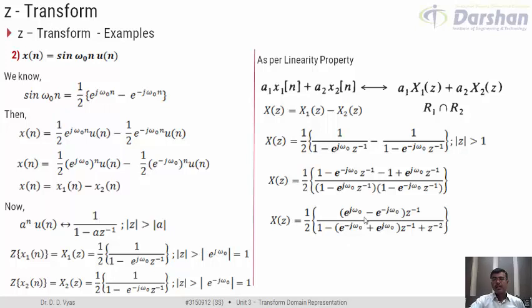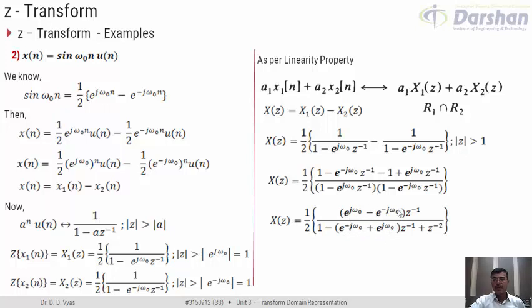In the numerator, we identify that we have some term like e raised to power j omega 0 minus e raised to power minus j omega 0. In the denominator, we identify that we have a term like e raised to power minus j omega 0 plus e raised to power j omega 0. Now this term in the denominator, we know it is nothing but 2 cos omega 0.